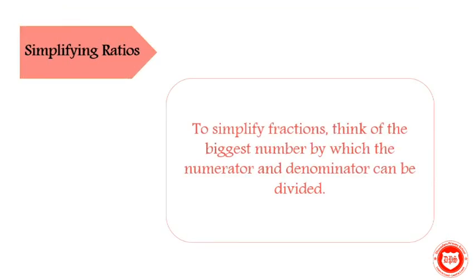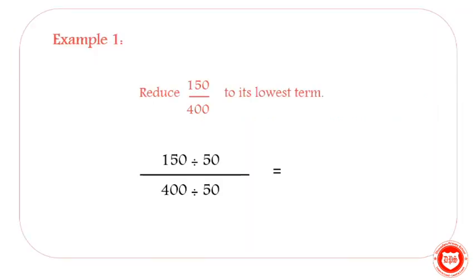Now we are going to learn simplifying ratios. To simplify fractions, think of the biggest number by which the numerator and denominator can be divided. Let's try an example. Example 1. Reduce 150 by 400 to its lowest term.